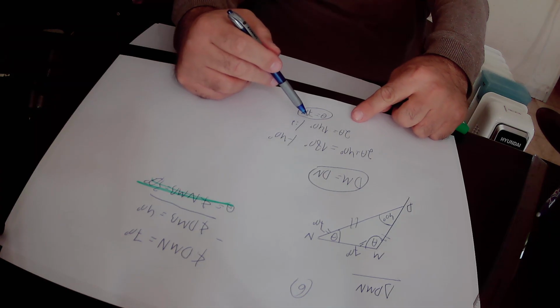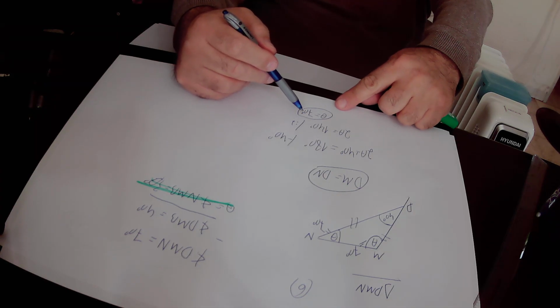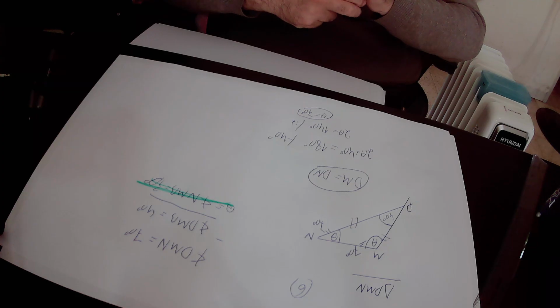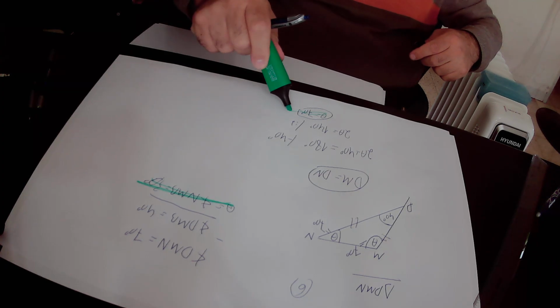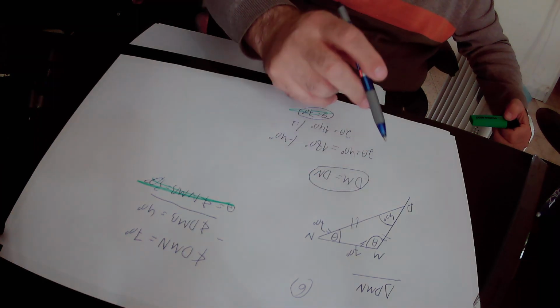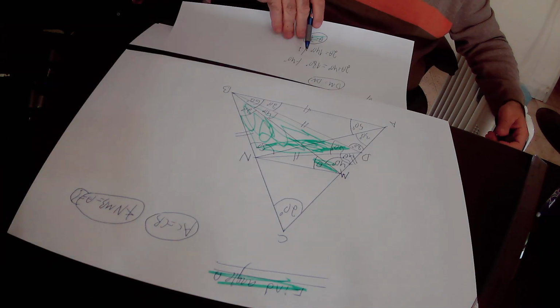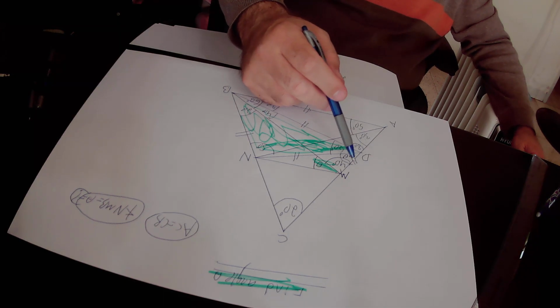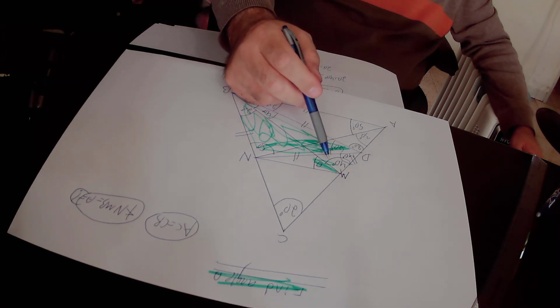So 2 theta equals 140 degrees. We divided this equation by 2 and finally found out that theta equals 140 over 2, which is 70 degrees. So angle DMN equals 70 degrees.